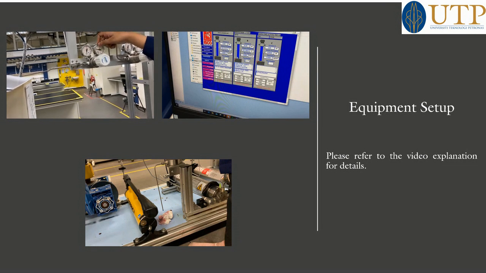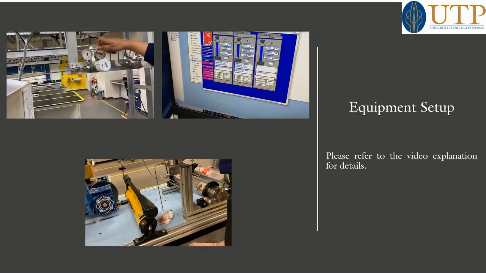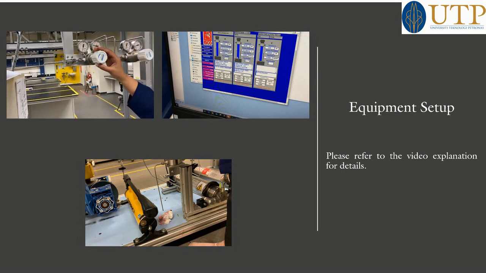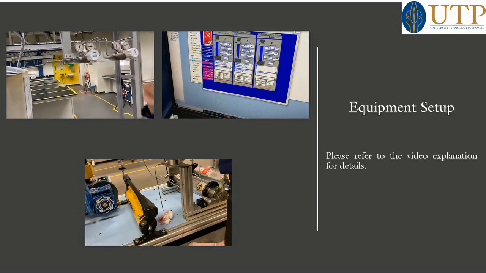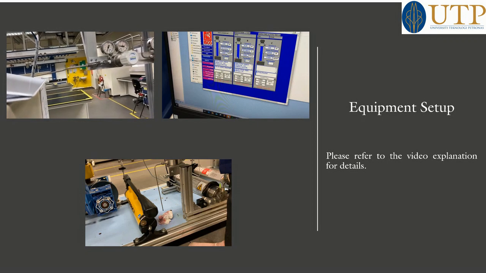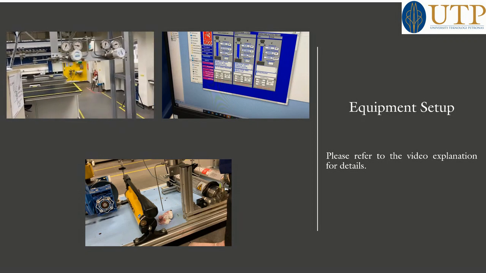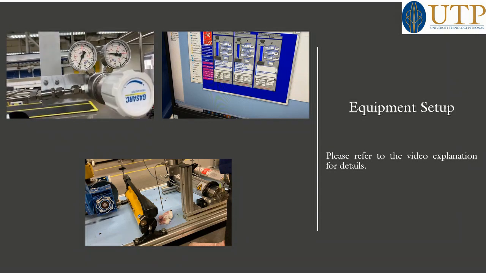But now I will do it for 100 or 200. So it's okay for 800, for 700. So okay, we can see the pressure is almost more than 150. So now the pressure is 150.